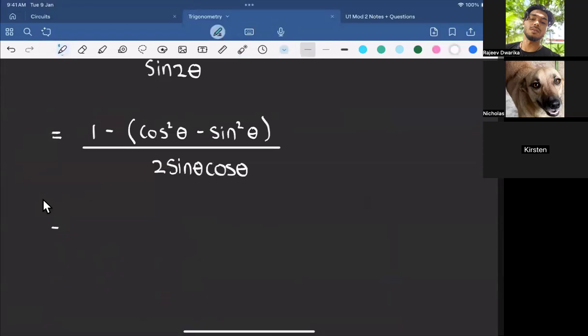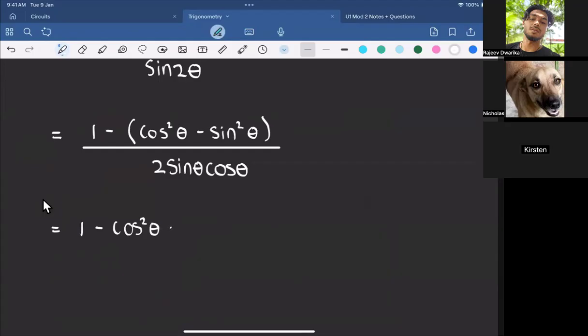Let me just expand this first. One times cos squared theta is just cos squared theta.